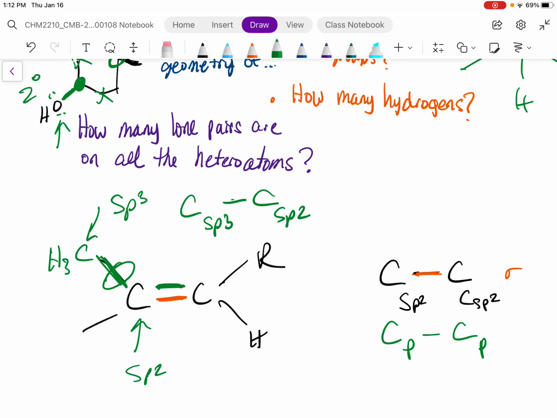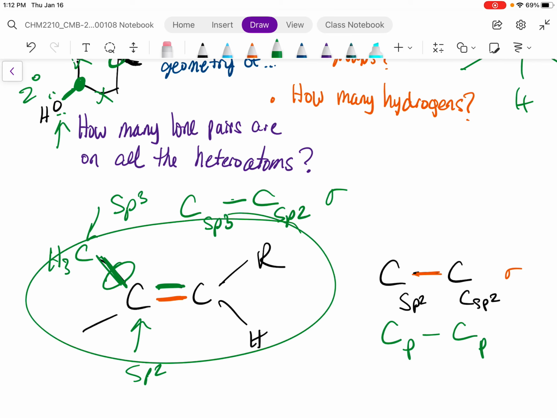That's a sigma bond. Pi bonds are the ones that are above and below the bonding axis. These are head to head. So make sure you can take a molecule like this and draw the orbitals that are doing that bonding there.